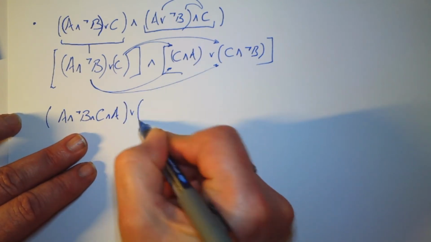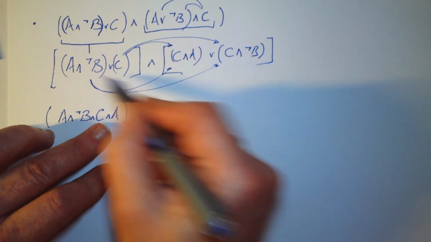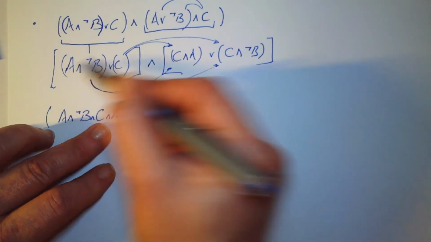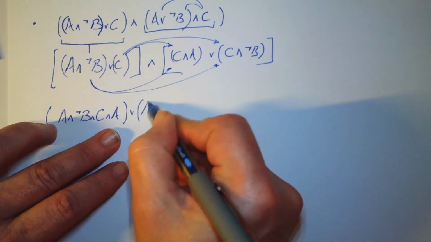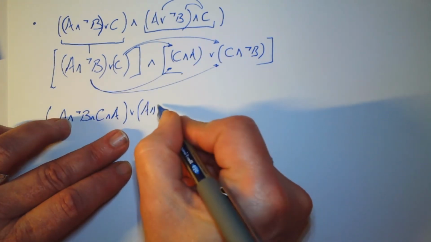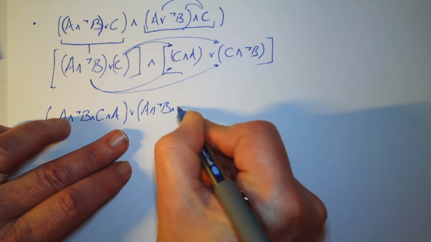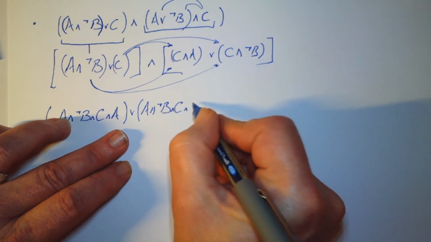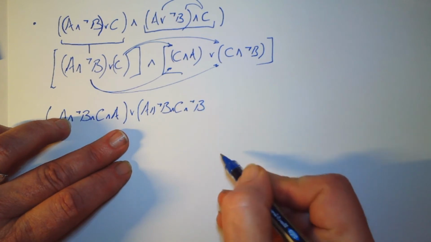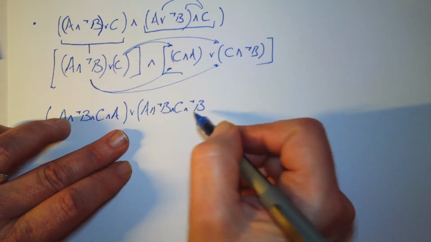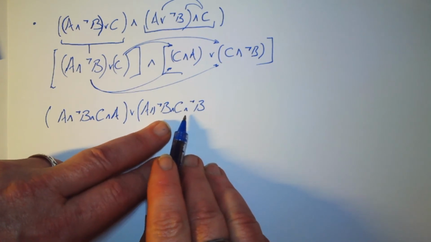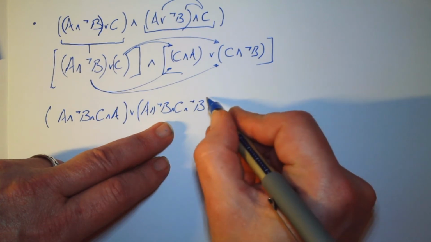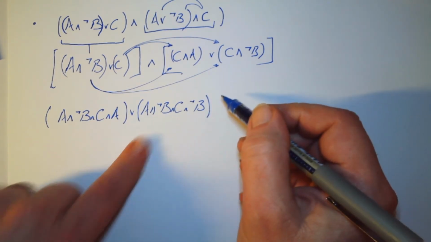Then ORed with that, we do the same thing again, apply our A and not B to the other side of our bracket, so we'll end up with A and negative B and C and negative B. So you've got a negative B on either side there, so you've now got 2 negative Bs. That's good news, because there's going to be an opportunity to apply some of our general logic rules here. So things are shaping up already, although you might not believe so at the moment.